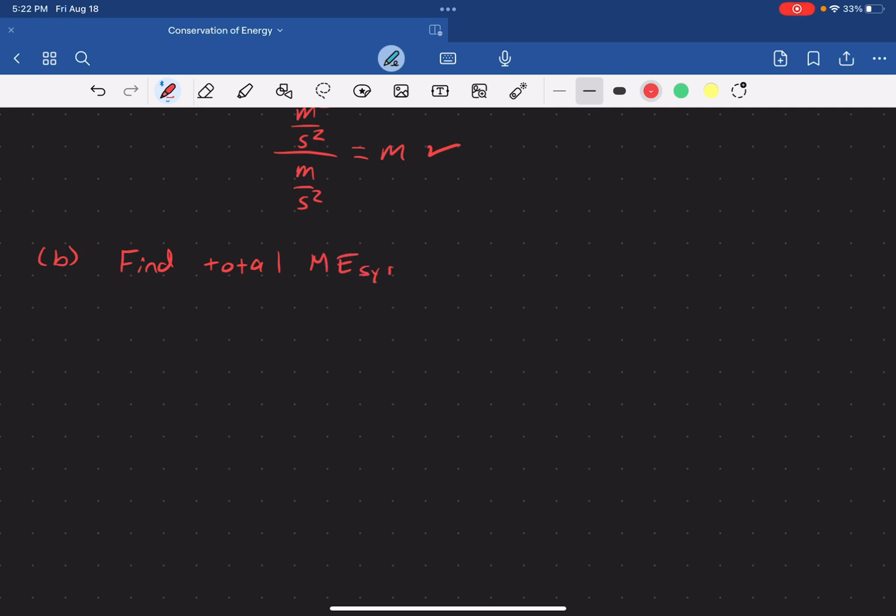of the system. Now, because this is an isolated system, there's no energy transfer between the system and its surroundings. So the mechanical energy is going to be conserved if there are no internal dissipative forces, like in our case. So what does that mean?